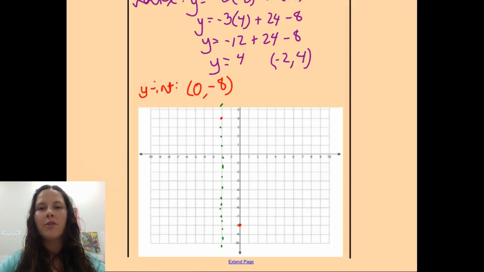Our y-intercept is 2 away again from the axis of symmetry, so we go 2 off to the left this time. And we make a nice smooth curve, not a V. The skinnier your parabola is, the more tempting it is to make a V. Make sure you're really careful about getting a curve at that vertex. And the additional point we got this time was negative 4, negative 8.